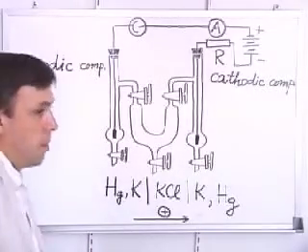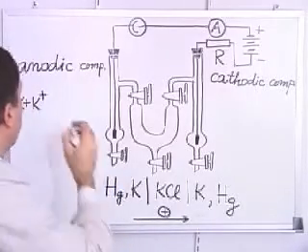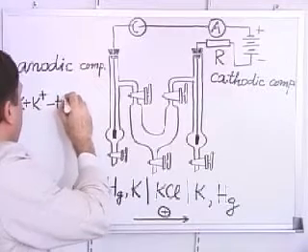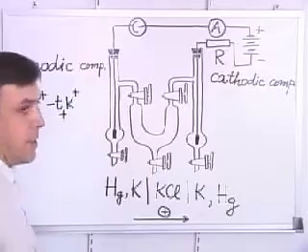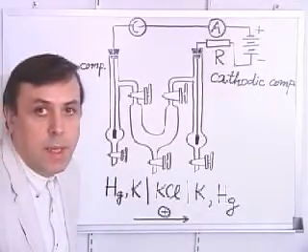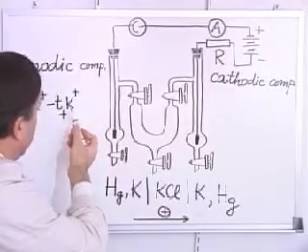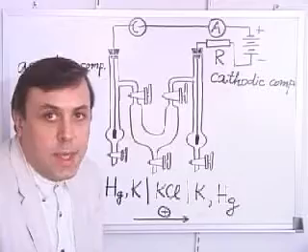Also, because of the finite mobility of the potassium, the anodic compartment loses T plus moles, where T plus is less than 1, of potassium cations. Now, remember that potassium and chlorine are the 2 carriers of electricity in this case.